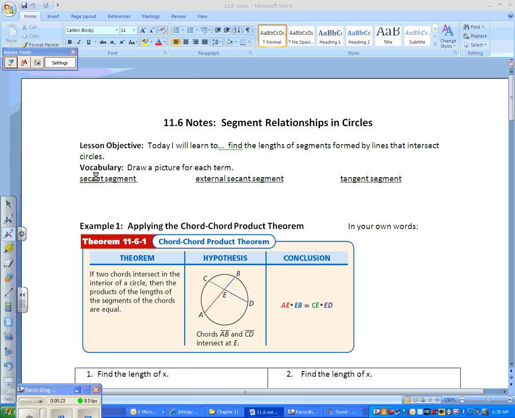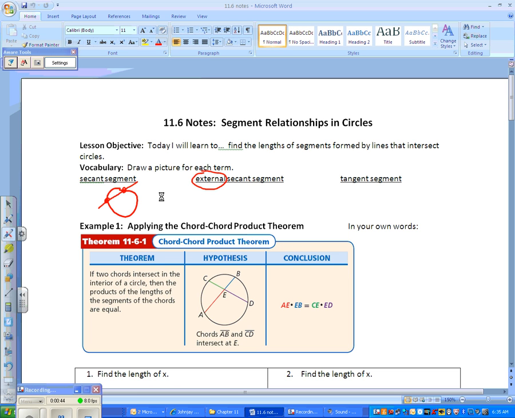So let's remember again what a secant segment looks like. We have a circle. My beautiful circle. A secant is a line that touches the circle how many times? Twice. An external secant segment, external means outside.